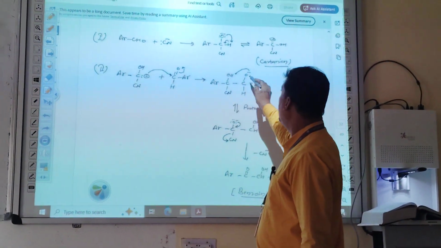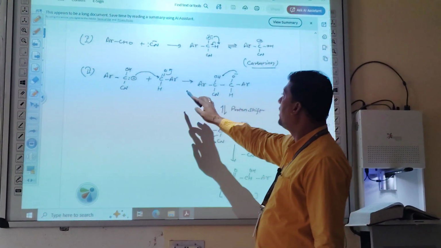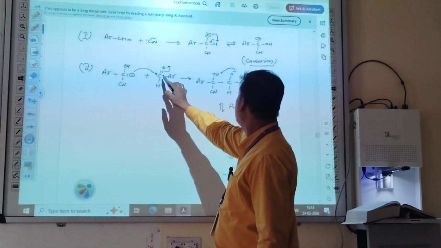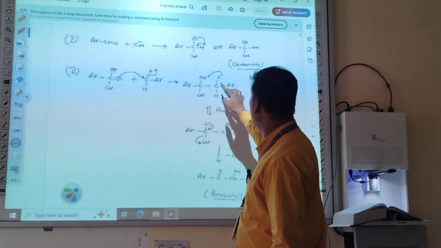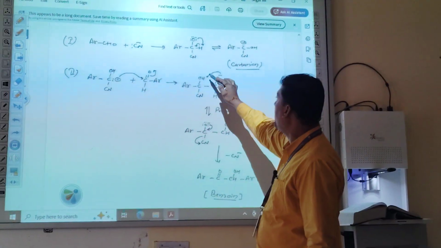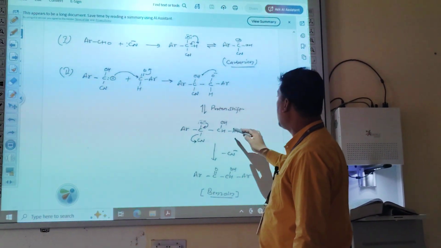Here only the double bond shifted, minus, okay, and that will attack the central carbonyl carbon. Just a bond is there. The double bond is shifted to this, and this minus ion attacks the OH group. The proton shift is there.